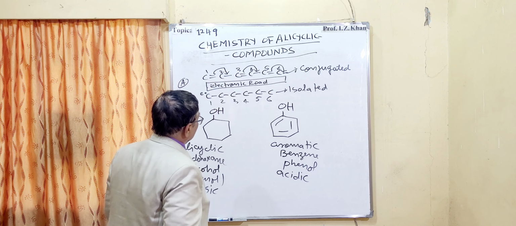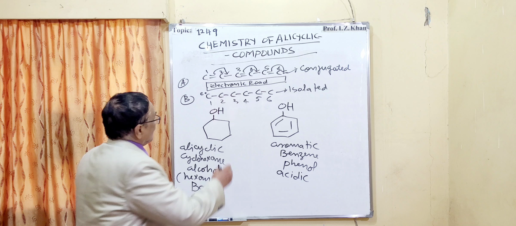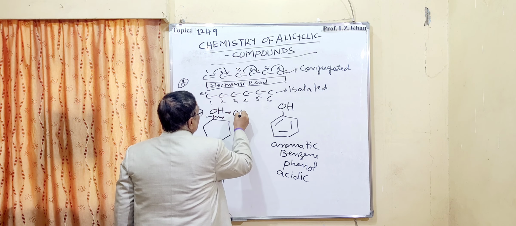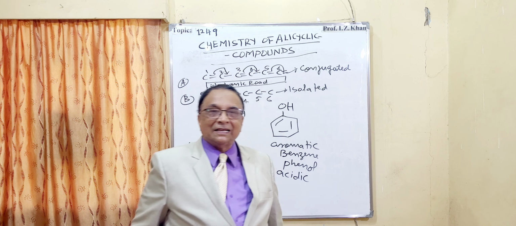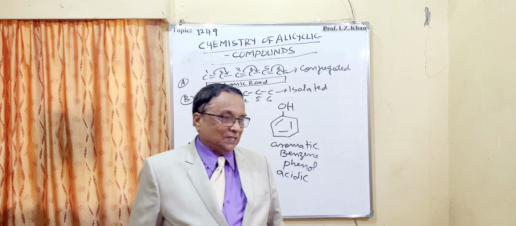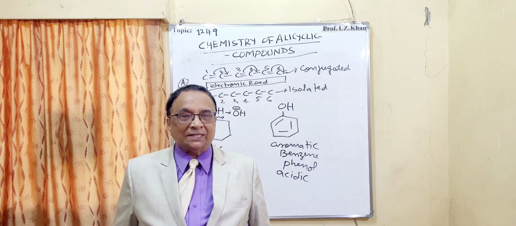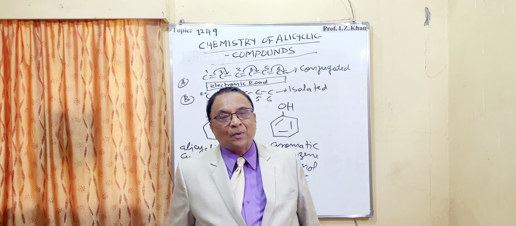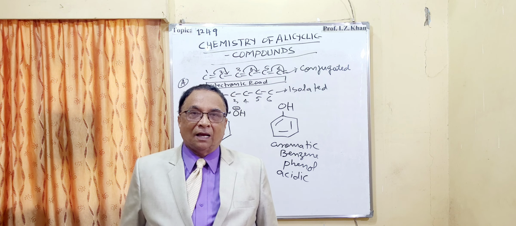The reason is that in the case of cyclohexanol, the bond breaking will take place from here, and it will release hydroxy ion. So cyclohexanol will release hydroxy ion in solution, and any species of compound which is capable of releasing hydroxy ion in the solution will be basic, and any compound which is releasing H positive, means proton, in the solution will be acidic.